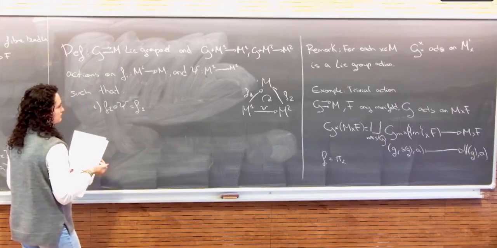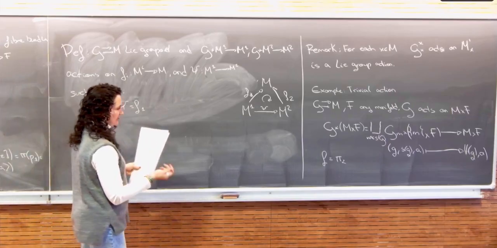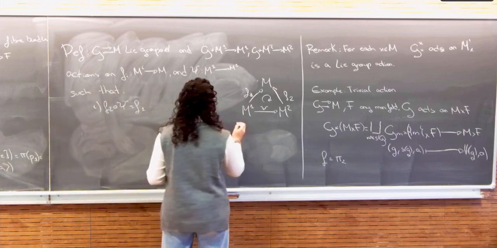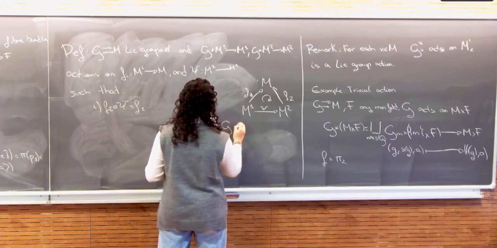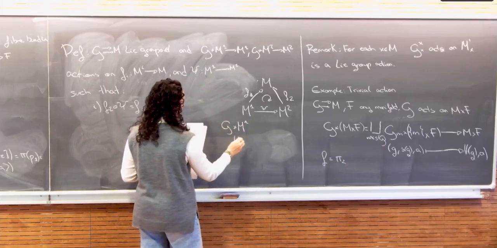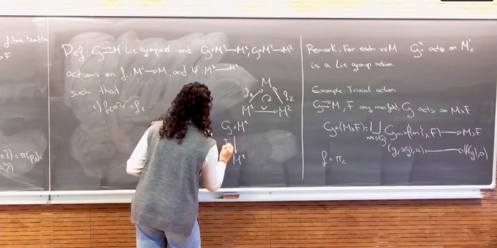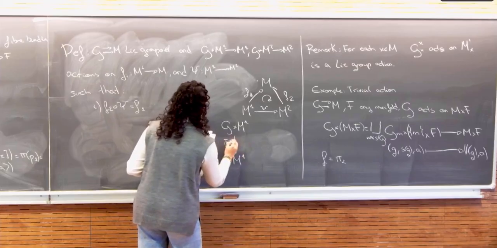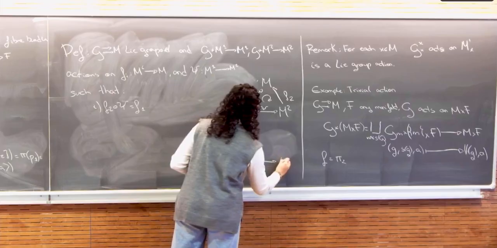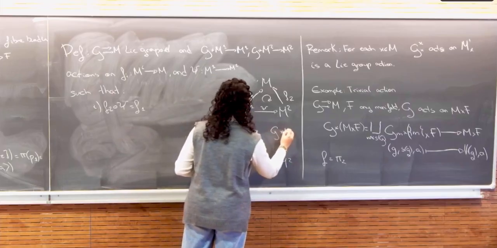But also we want this map to respect the action of the groupoid. So we have this action that takes elements of G star M1, let's call it phi super 1, the map phi, and the other action on the other map.